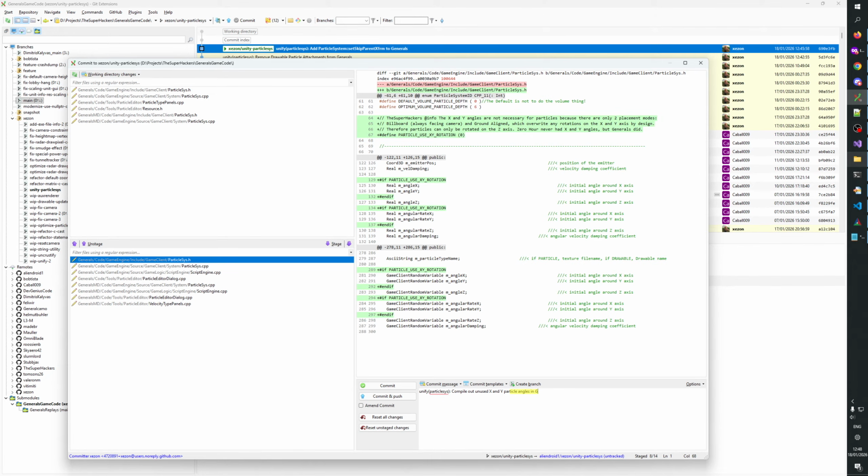Compile out unused x and y particle angles in generals. Compile out unused x and y particle angles. Say superfluous x and y particle angles.